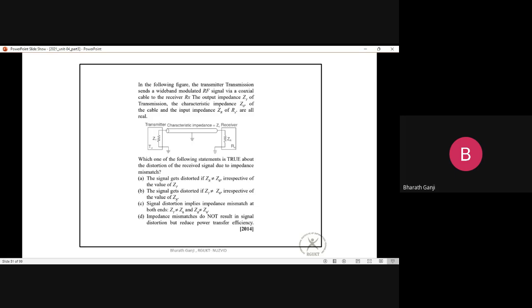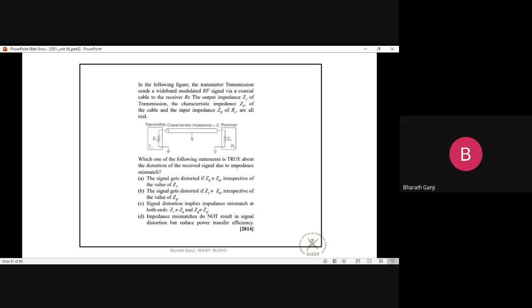If I mismatch the impedance at the input and the output, there are definitely reflections. In steady state it might not be an issue.